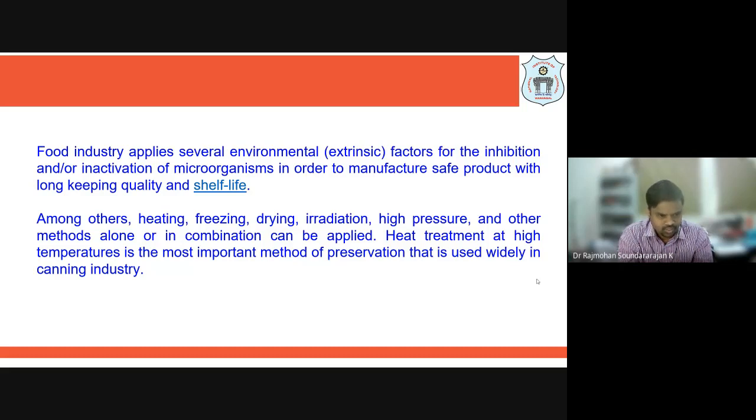There are different techniques available: heating, freezing, drying, irradiation, high pressure, and other methods, or sometimes a combination of these methods can be used for sterilizing foods. And heat treatment at high temperature is the most important method of preservation that is widely used in the canning industry.